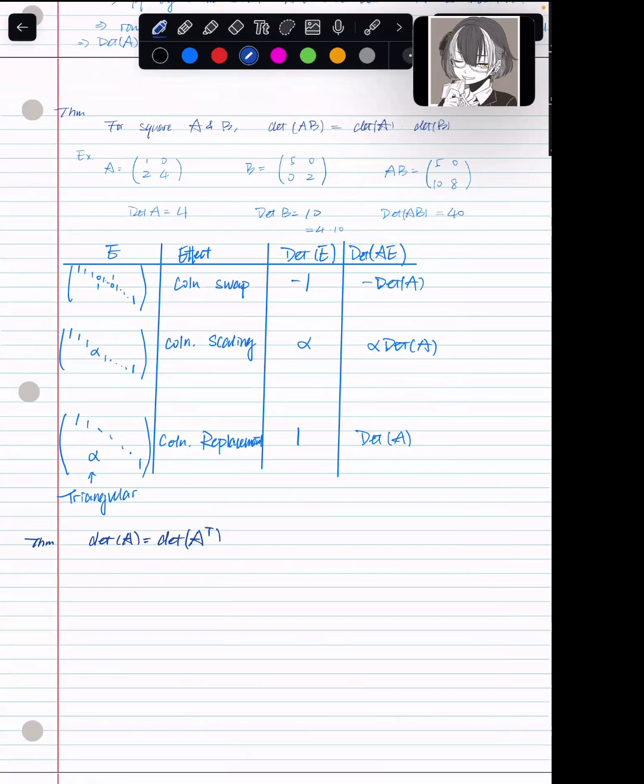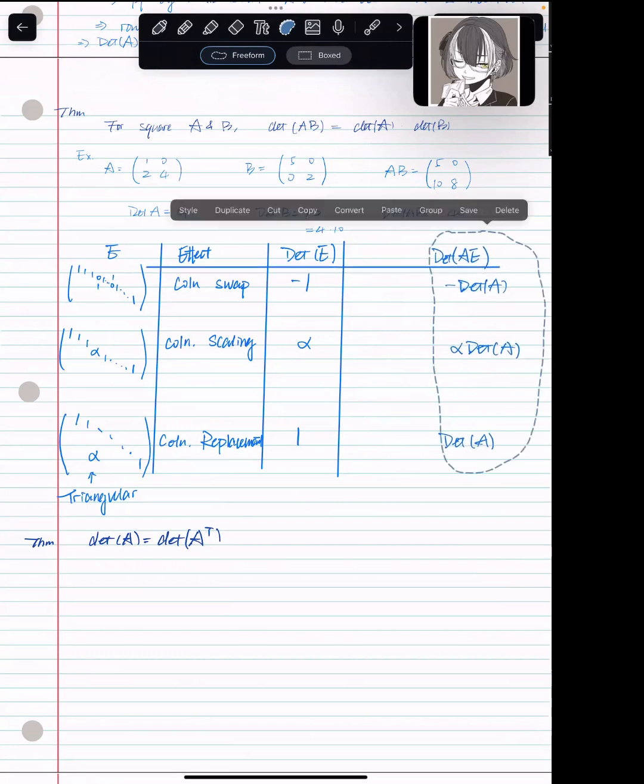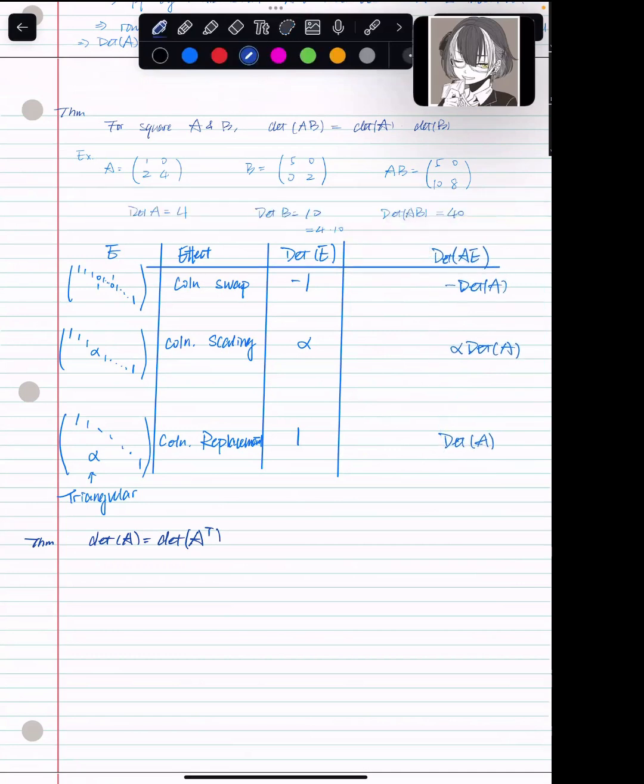So we can actually add another column here, and we can talk about the determinant of the transpose of E. For the transpose, we would just move this entry from the ith row, jth column to the jth row, ith column, and that one from the jth row, ith column to the ith row, jth column.